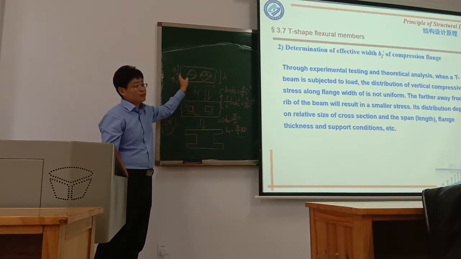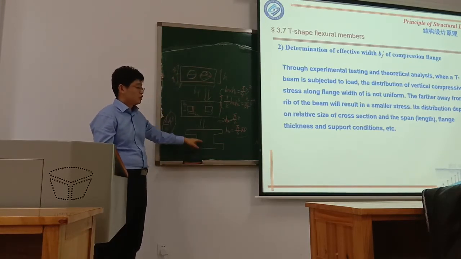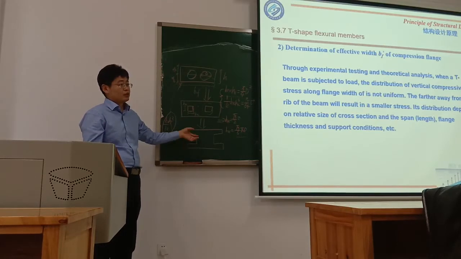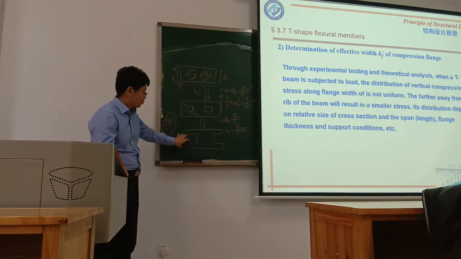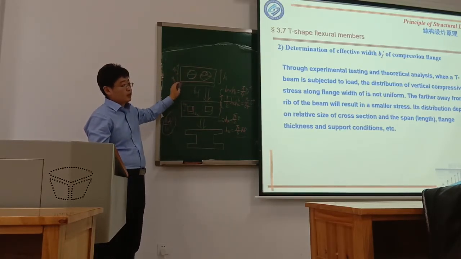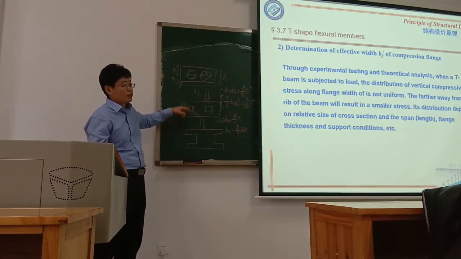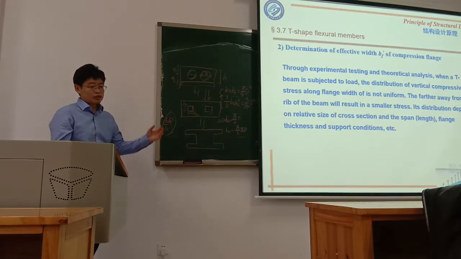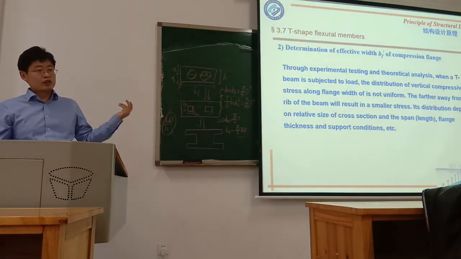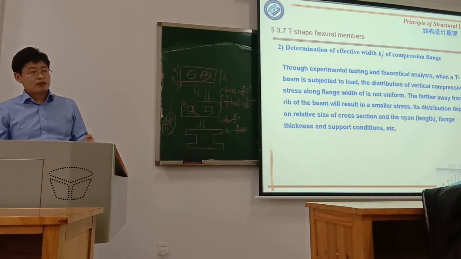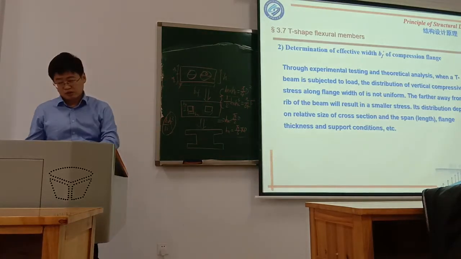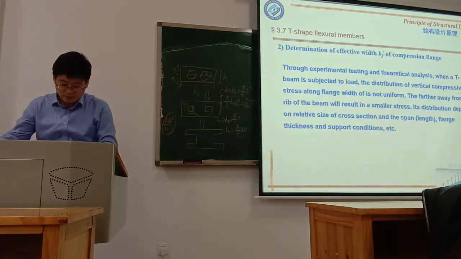It's not uniform. For this shape, it's uniform distribution. So we can use this equivalent shape to calculate the loading capacity. That's why we use this equivalent section for this circle section.